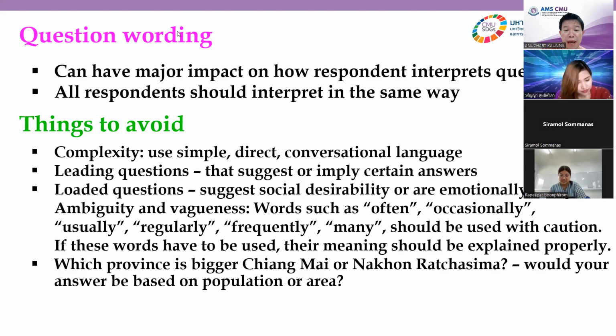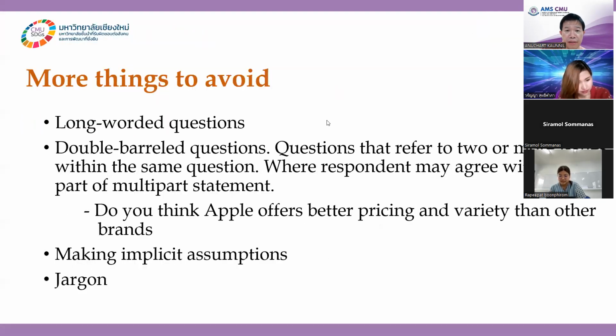Would you answer based on population or area? One more thing to avoid is long wording, and double-barreled questions. Some people get confused by the question. For example: do you think that Apple, like Apple mobile phones or the Apple brand tablet, offers better price or variety than other brands?